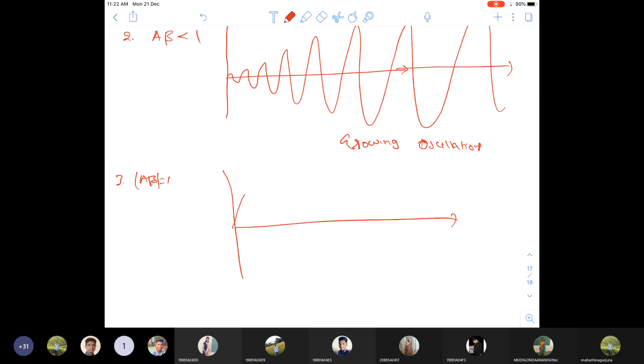So all peak to peak voltages for all cycles are the same. So this is the effect of the loop gain.